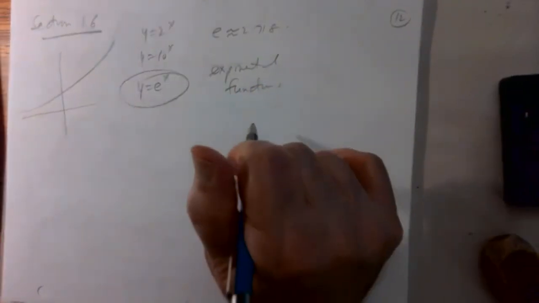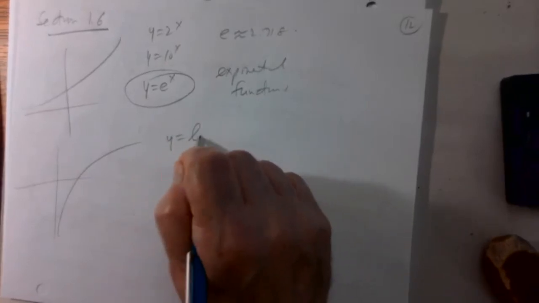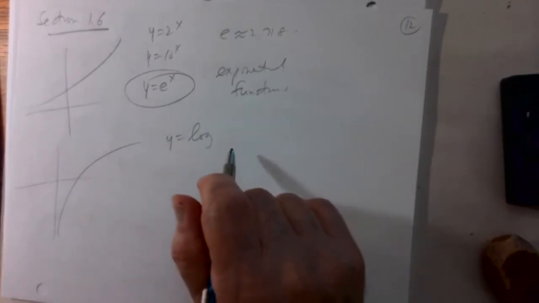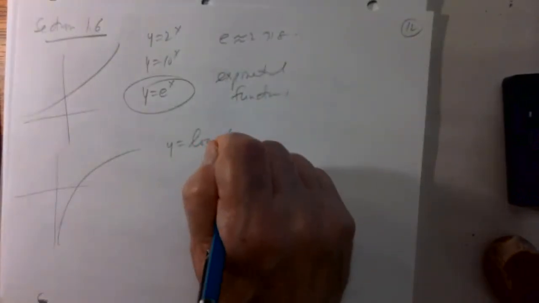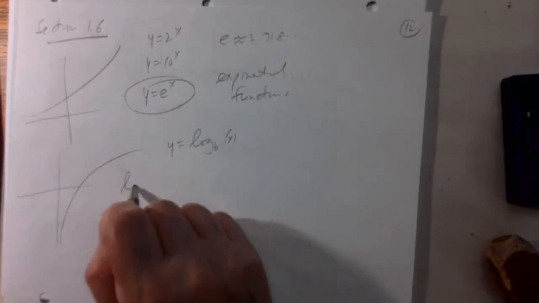That's the most important one, but there are plenty of others. And then we have the logarithms. So you have the log to some base, whatever it might be. And the most important logarithm function is the log to base e.